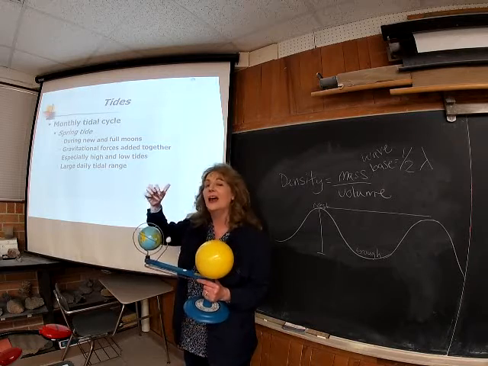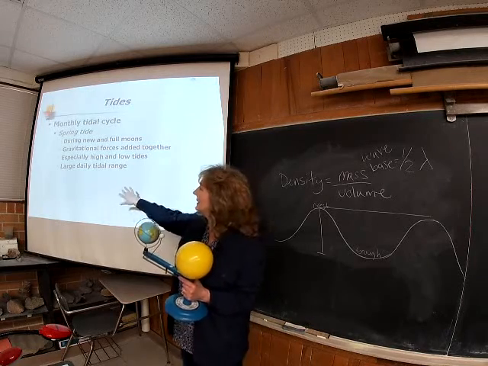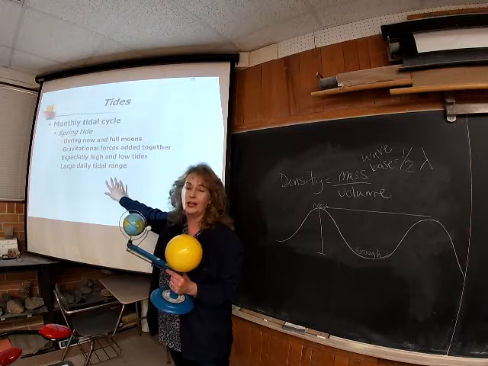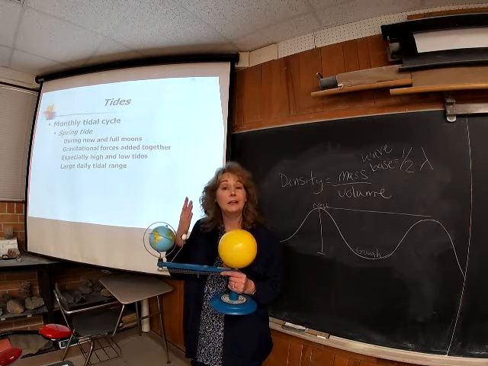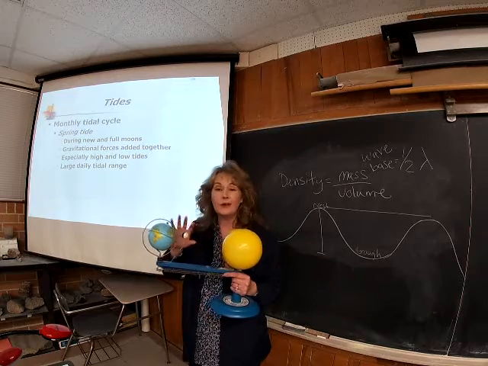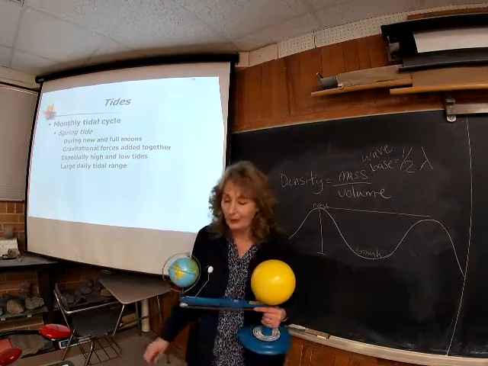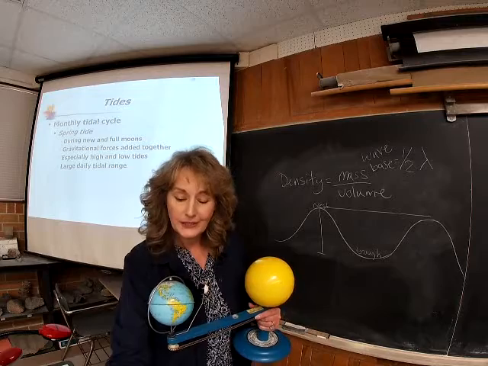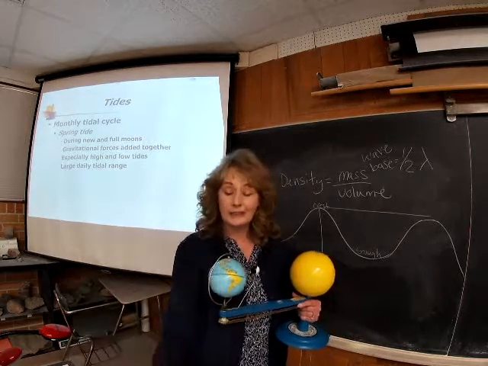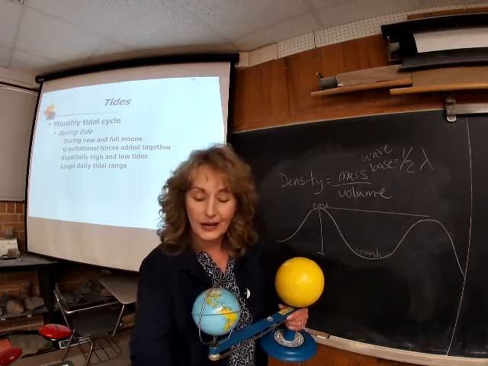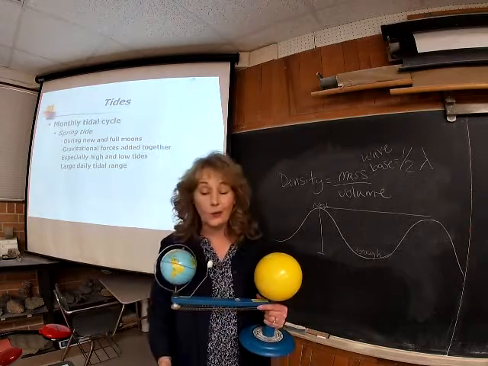So higher high and lower low tides, meaning a larger or the largest daily tidal range, higher highs and lower lows, because of all that extra gravitational pull. That's a spring tide, right? The largest daily tidal range, right? Higher highs and lower lows.